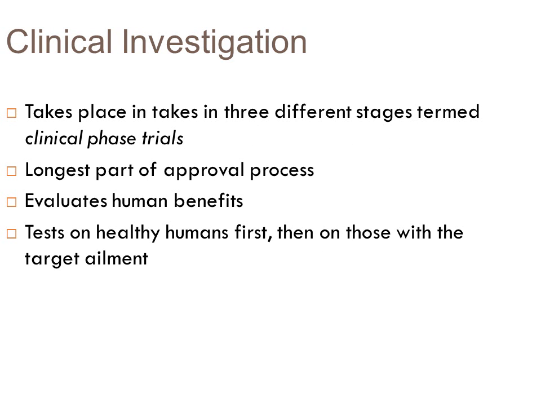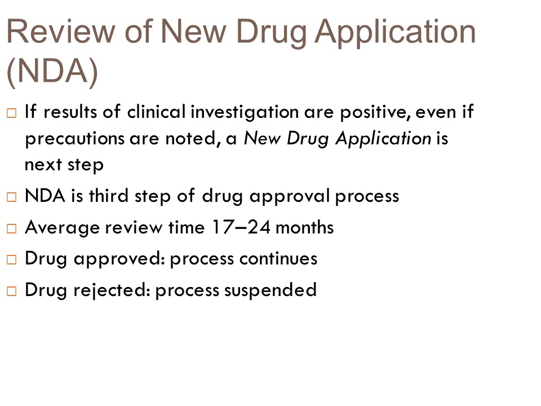Clinical investigation, again, talks about the 3 different stages in the clinical phase trials. This takes a long time, looks at human benefits, looking at healthy benefits, and then the target ailment. So, for example, diabetes or high blood pressure. Again, the review of that drug application, average time is 17 to 24 months.